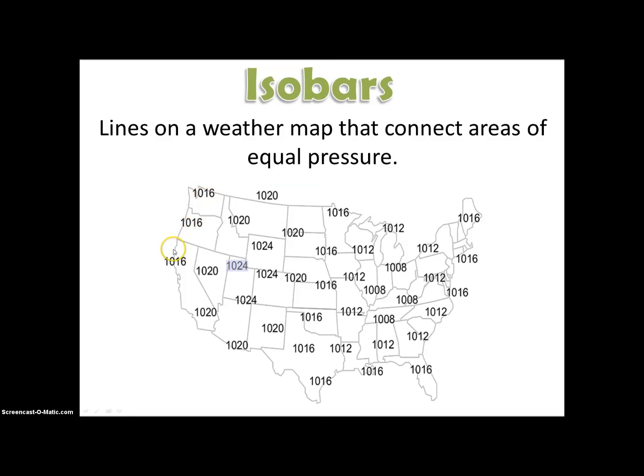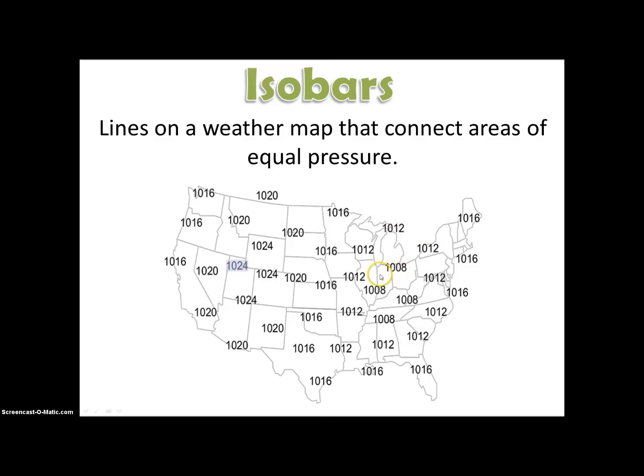You'll notice here there seems to be a line of air pressure at 1016. Here you see one at 1020, and watch. This line seems to curve around and kind of form a circle. And then inside of that circle, you'll notice we go up to 1024 with another circle. Over here in this area, you'll notice that here's a 1016 line again, and then a 1012.